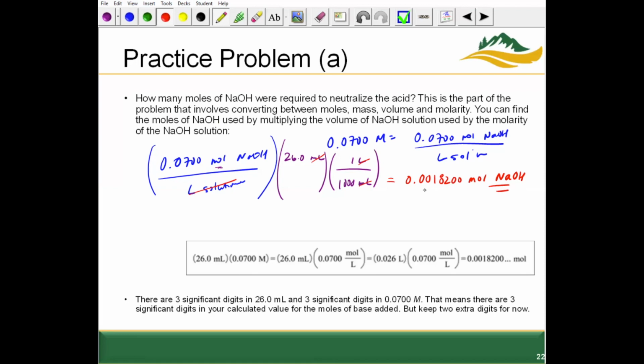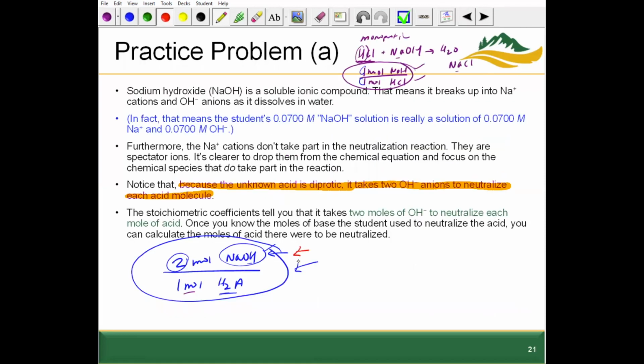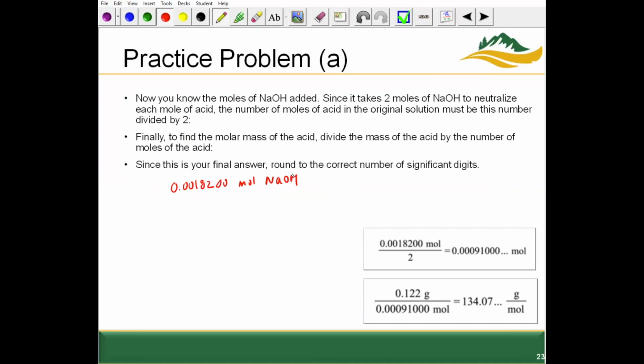Now with this many moles of NaOH, we can use this mole-to-mole ratio to then get moles of our unknown acid. So it's this many moles of NaOH we just calculated using the molarity and the volume. Remember, concentration equals number of moles over volume.